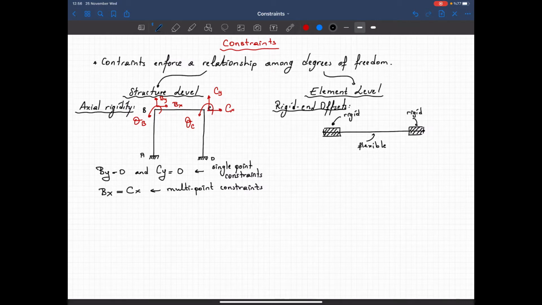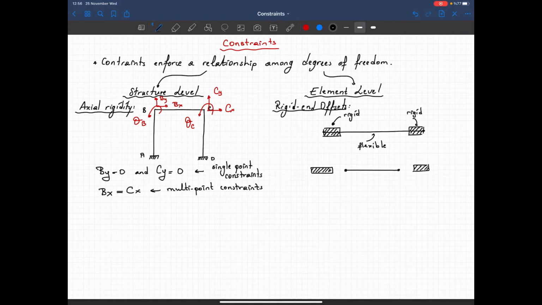And in order to impose this condition, this is what we do. We will have the rigid portion, we divide the structure into pieces. We say that our element is composed of 3 pieces.